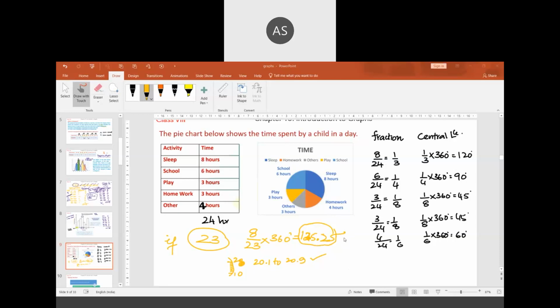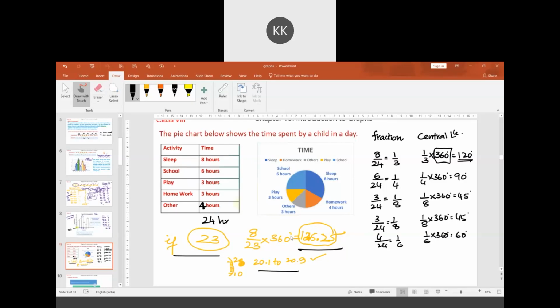We will estimate it as 125.3 to avoid the confusion of decimals. Generally, the question paper is set in such a way that you get a proper fraction which divides 360 degrees, giving an exact central angle.